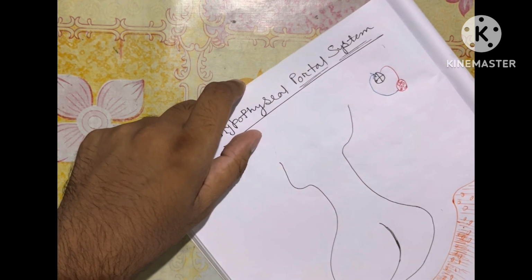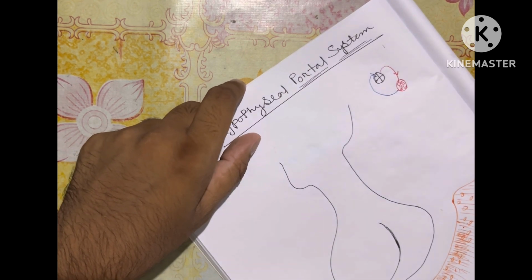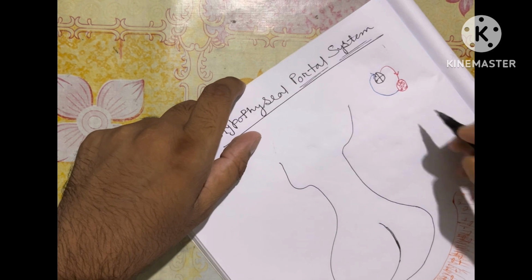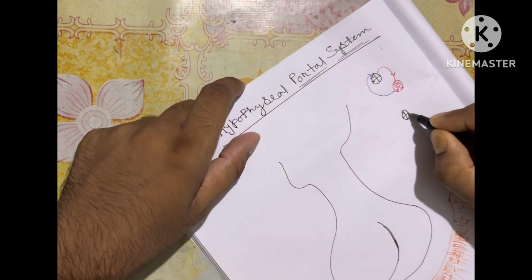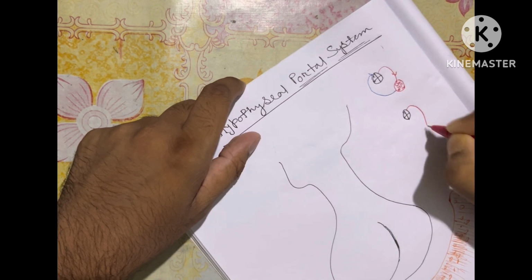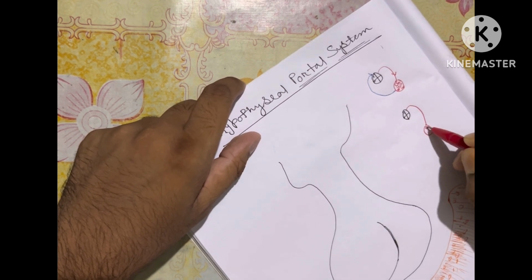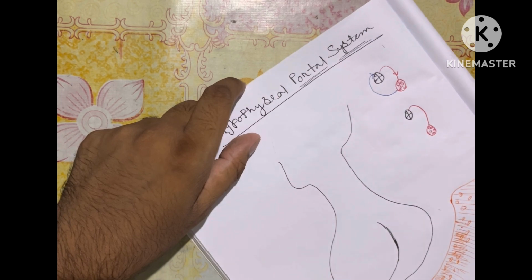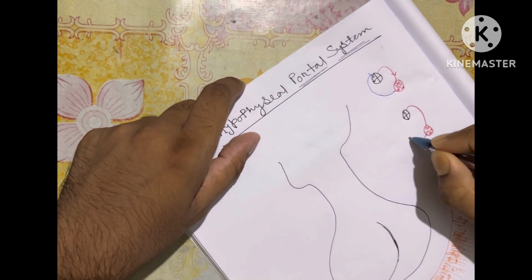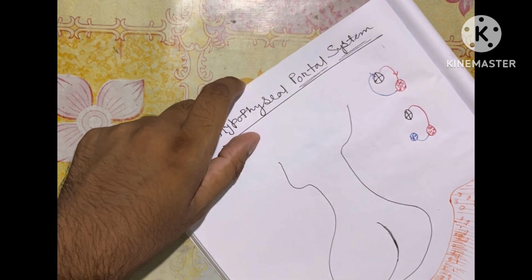So this is the main circulation system of our body in the case of normal circulation. But in the case of a portal system or portal circulation, suppose this is our heart, blood will come just like the previous one, then enter a network, and after that enter another capillary network.